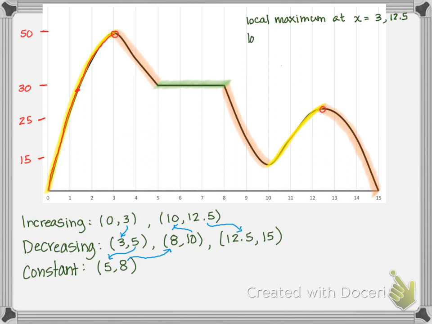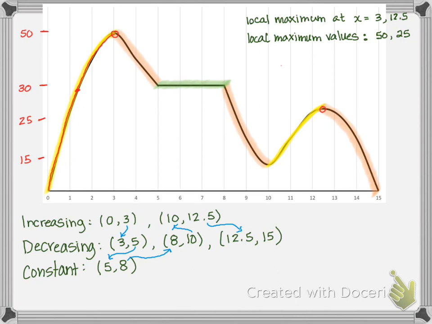So if I say the local maximum values, that's talking about the height that I'm actually at those points. So I have a maximum value of 50 and another one of 25. So those are just the y values of those points.